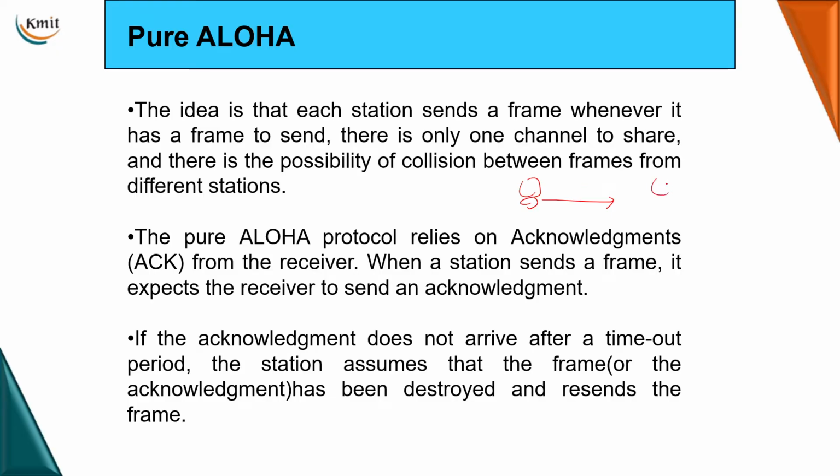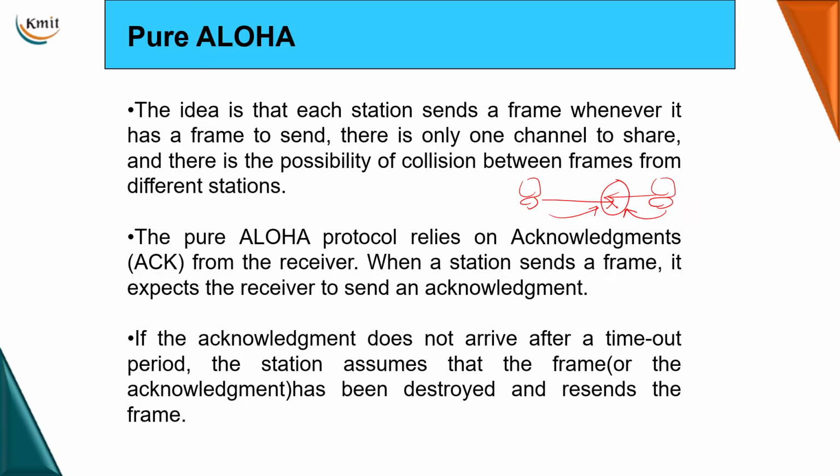So there is a possibility that the frame coming from another station may collide with the frame sent by this station. And whenever a frame is sent, the sender will start a timer, and as soon as the timer expires, the sender will go for a retransmission. There is a possibility that the other station also does the same. If it also does the same, the second attempt may also lead to collision.